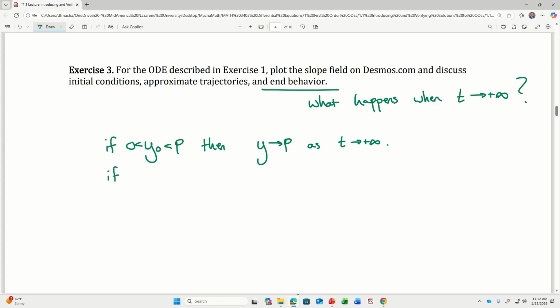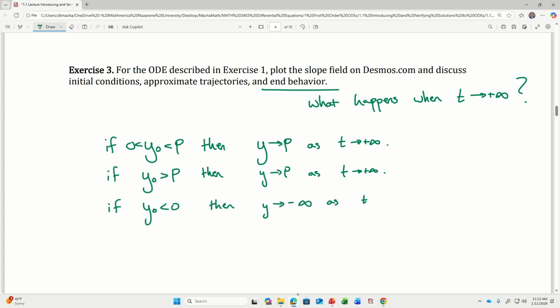If the initial number infected is greater than the number of people in the whole population, well, then y approaches p as t approaches infinity. And if the initial number infected is less than 0, then y approaches negative infinity as t approaches infinity.